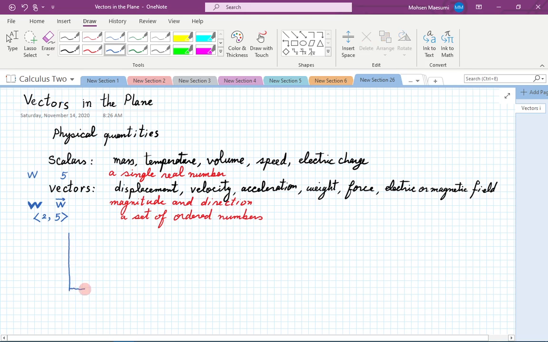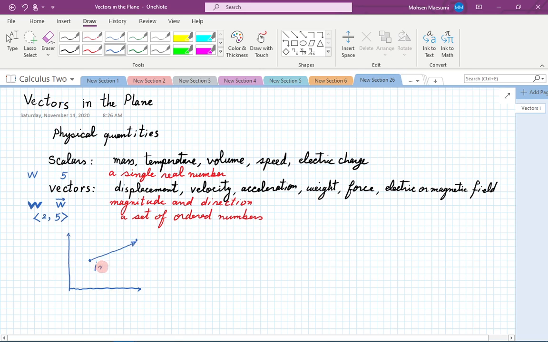So we start with our standard coordinate plane, and to describe displacement we have a starting point, or an initial point, and a terminal point. If we go from the initial point to the terminal point, we have a displacement.